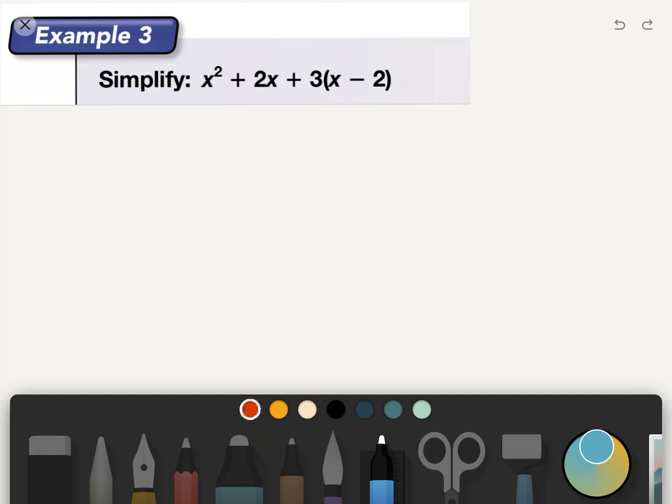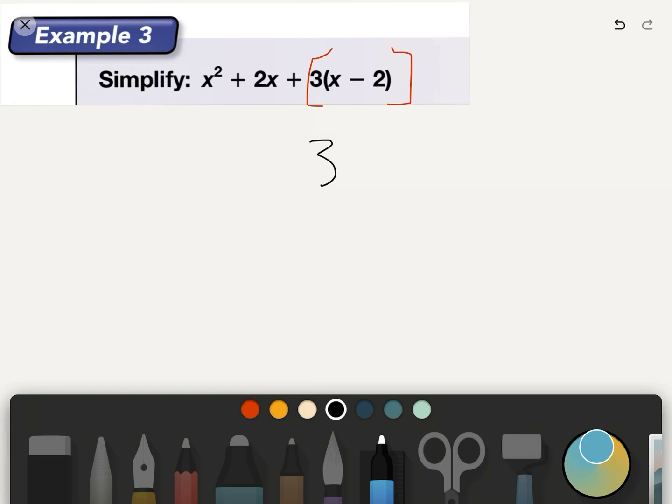x squared plus 2x plus 3 times x minus 2. So we'll just do this part first as similar to our other problems.